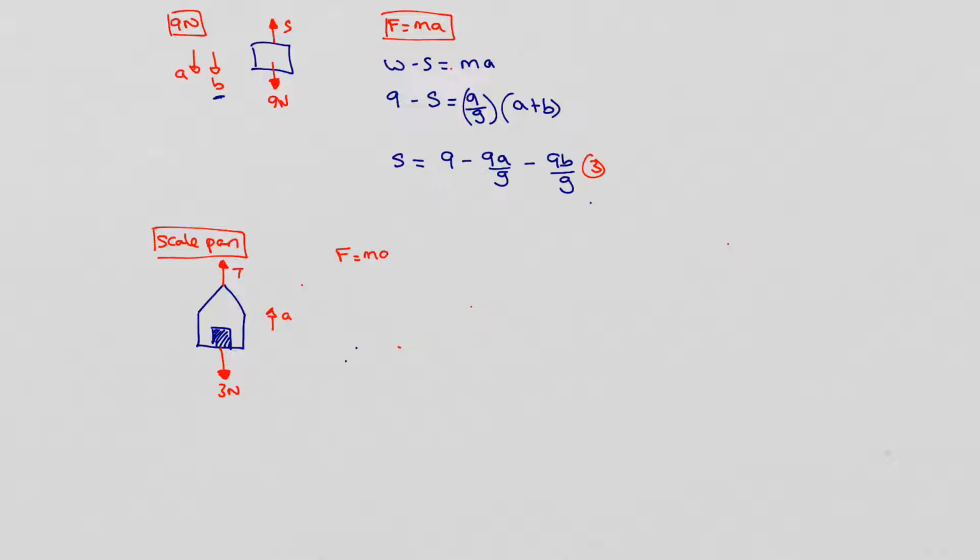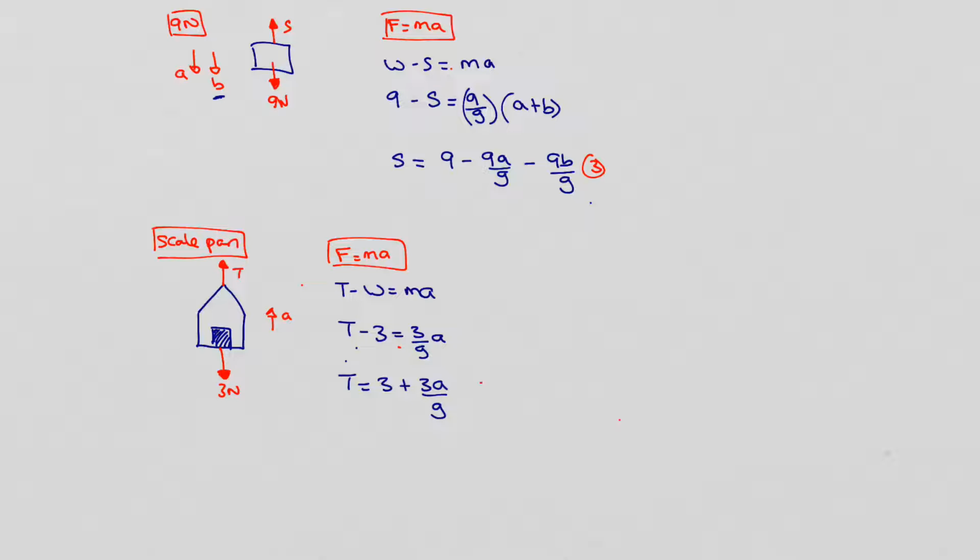So F equals ma. My leading force is going to be my tension minus my weight equals mass times acceleration. So we have tension minus weight, which is 3 Newtons, and again our mass is our weight over gravity times the acceleration, and therefore my tension is 3 plus 3A over G. Now, of course, we have to look at the fact that we were actually told what A was, okay?